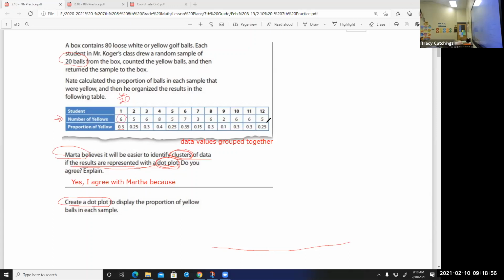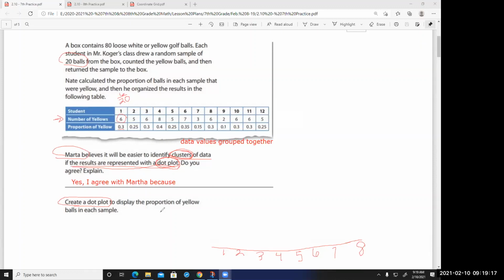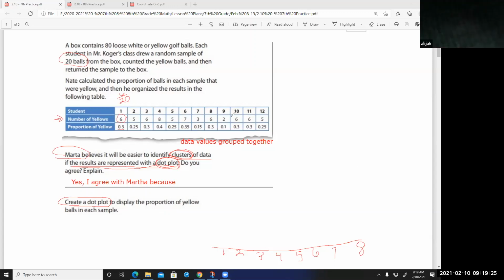All right, look at our values. Let's say we're going to count up by ones. All right. How many had one yellow ball? None. 2. One.